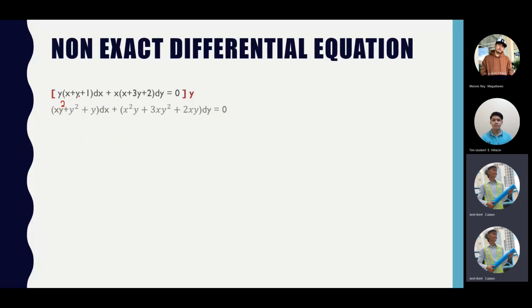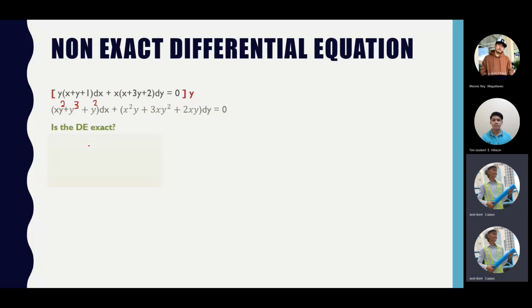Yeah, y times y squared plus 1, so y cubed ni siya. Plus y times 1 is y times y squared. Kani siya, x times x squared y, tama. 3y times y, 3xy times y, 3xy squared, tama. Then 2 times x, 2xy, tama.